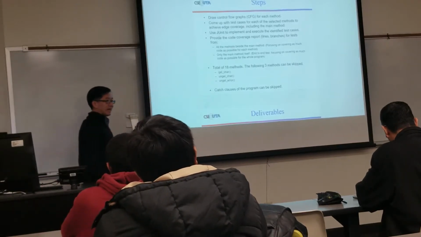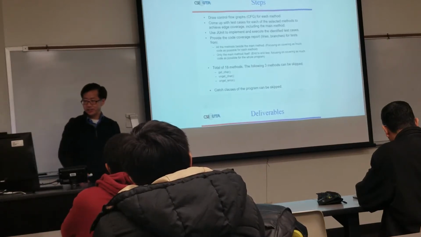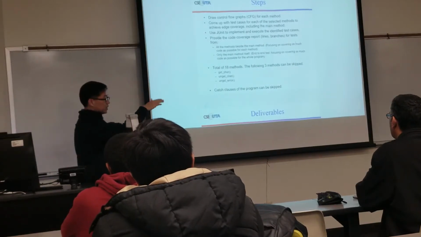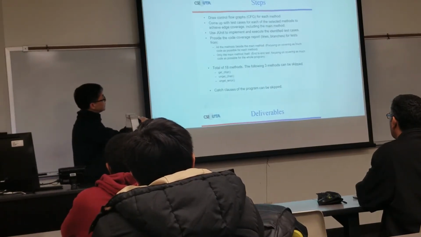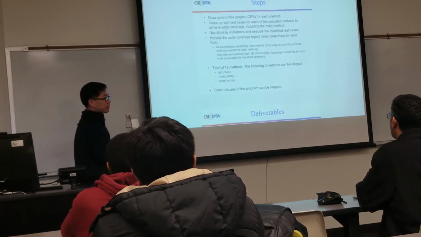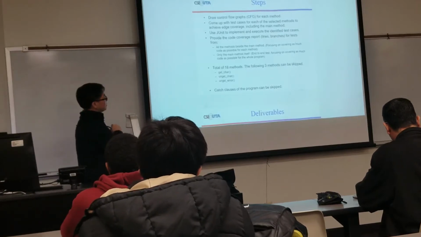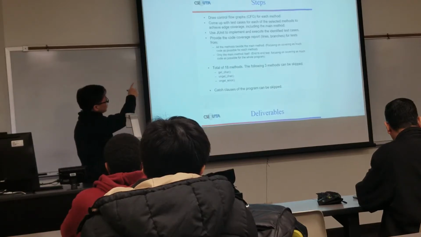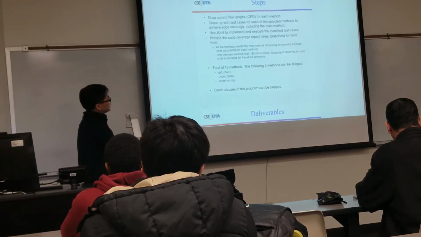Then you want to come up with test cases for each of those methods. I think the team who worked for this class last time came up with these slides. Selecting methods basically means the methods that have at least one branching structure. You only need to do what we have here for those methods. You want to create test cases to achieve edge coverage, including the main method.